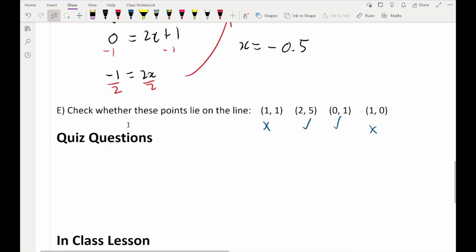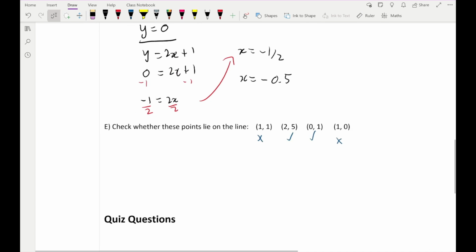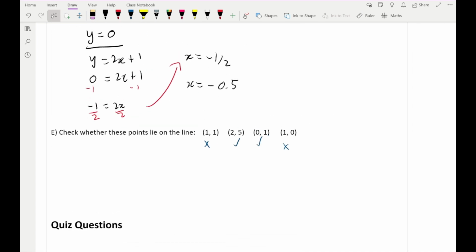Now I really just want to show you how to do these algebraically because it's pretty important. So if you want to check whether (1, 1) lies on the line, what you need is the equation of the line. So that's y equals 2x plus 1. And we're taking the point (1, 1), meaning that x is 1 and y is 1. So let's look at our left-hand side, which was y.